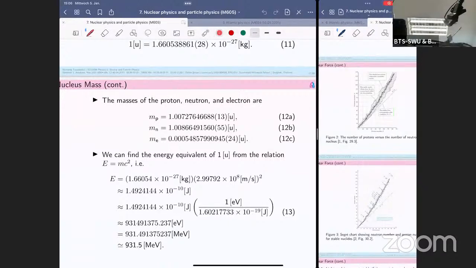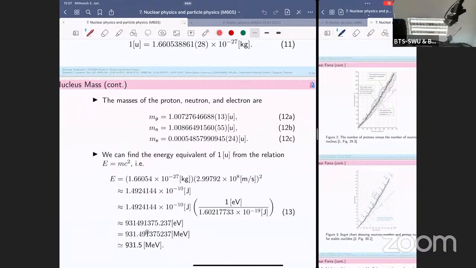And once you convert the joule to eV, because when we are talking about eV it is more appropriate than joule, we just divide that number by 1.6, which is the charge value of the electron, and you get 931,491,375 eV.